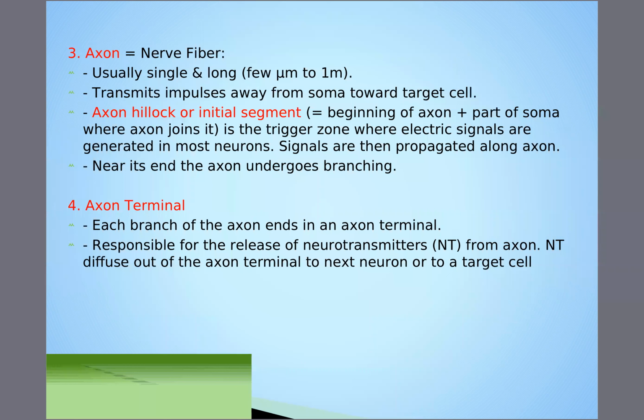Near its end, the axon undergoes branching. The fourth part is called the axon terminal. Each branch of the axon ends in an axon terminal and is responsible for the release of the neurotransmitter from the axon. The neurotransmitter diffuses out of the axon terminal to the next neuron or to the target cells.